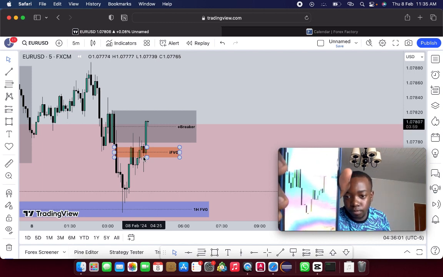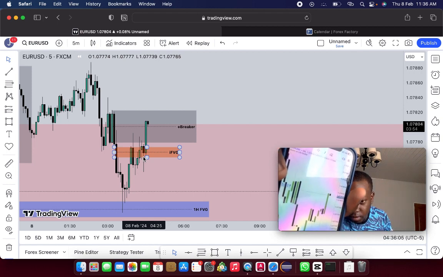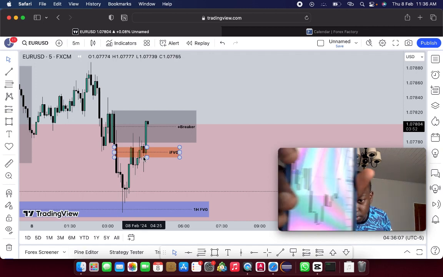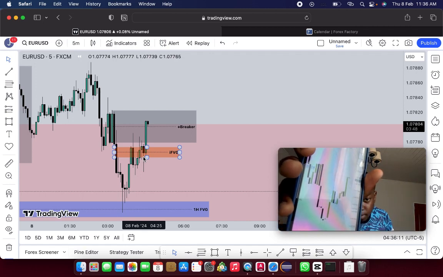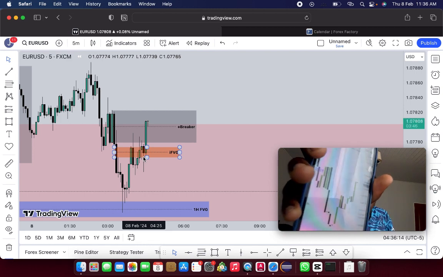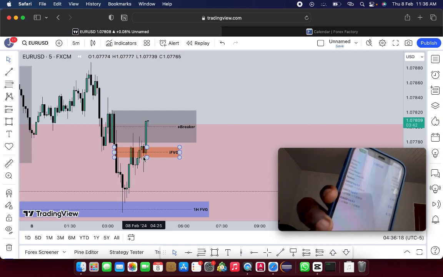Okay, so there we have it, guys. I've executed on my account, and you can see the stops right below the inversion fair value gap and the consequent encroachment of that. We are in.